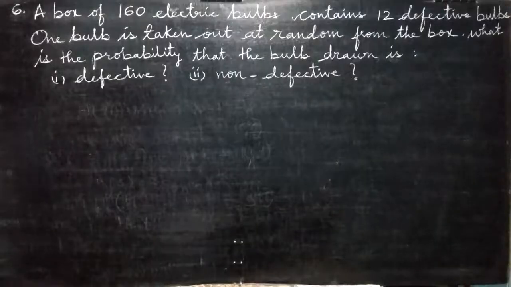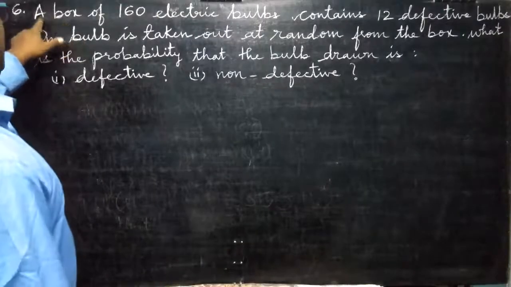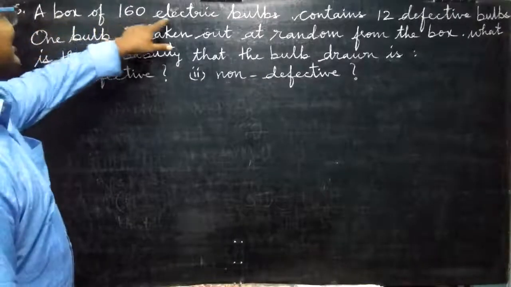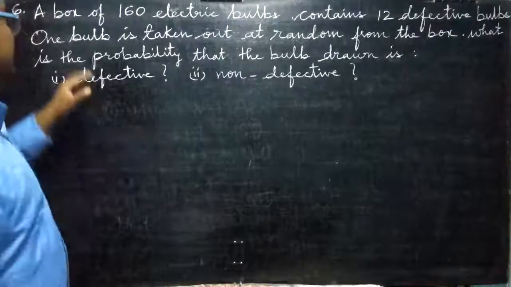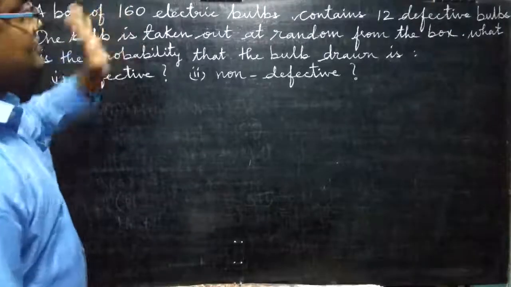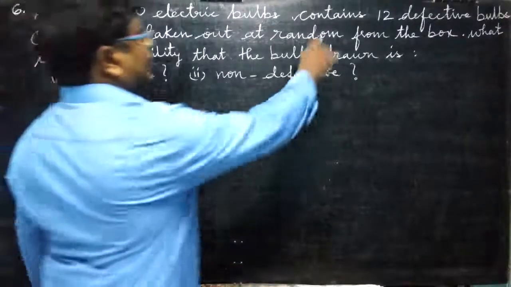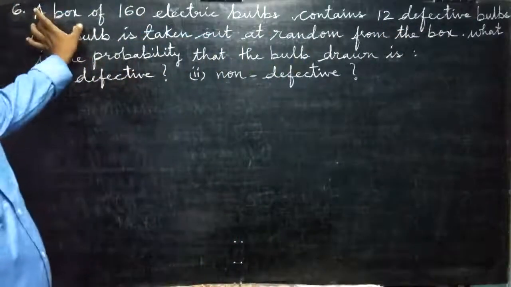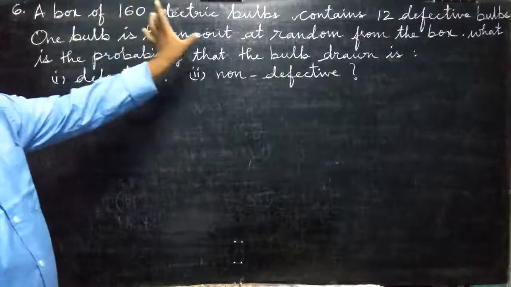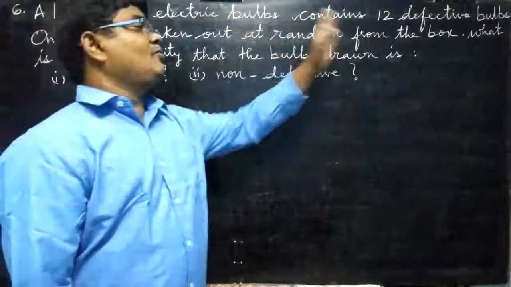Sixth problem. A box of 160 electric bulbs. How many bulbs are there in a box? 160 bulbs are there. It contains 12 defective bulbs. In this box 160 electric bulbs are there and in that 12 are defective.